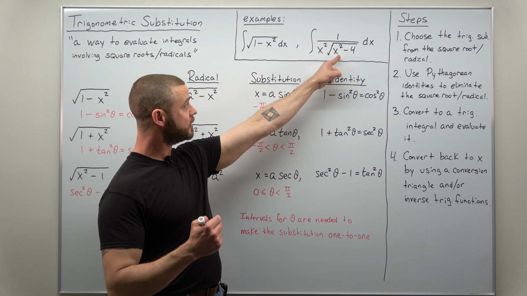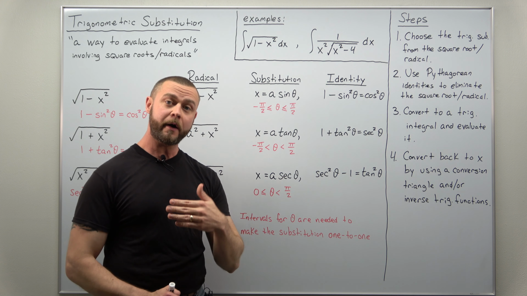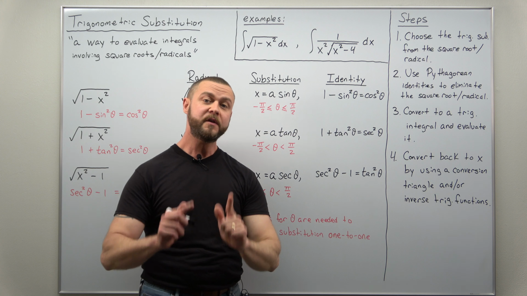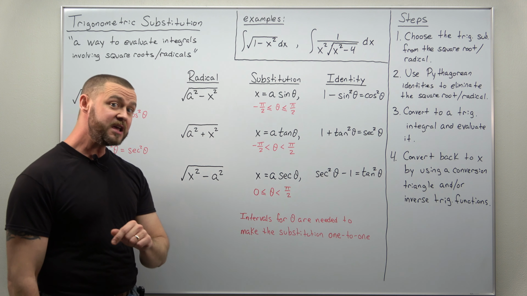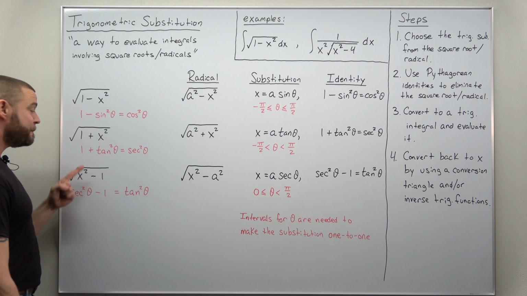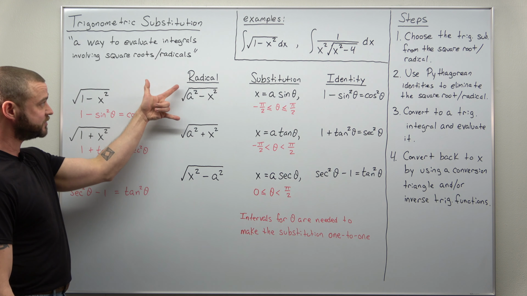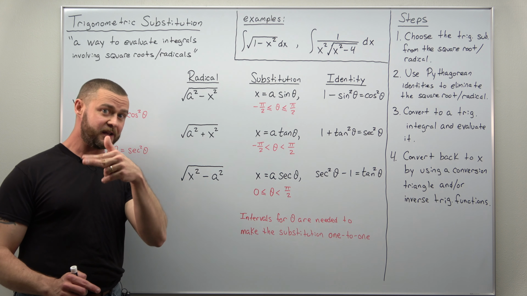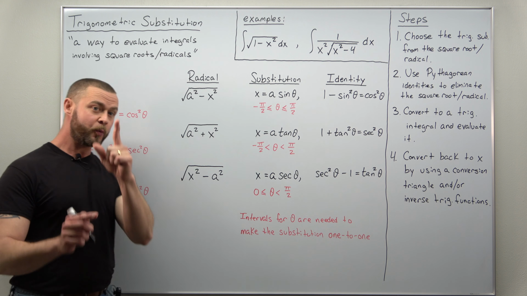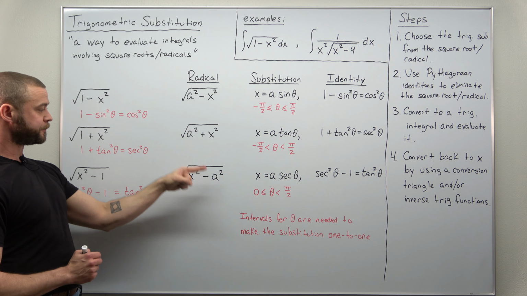Let's say, like we have here, the square root of x squared minus 4. Well, this is where the trigonometric substitutions come in. And for each of these three basic radicals, they generalize to these three radicals here, where instead of having 1 inside, we have another number which we're calling a squared.